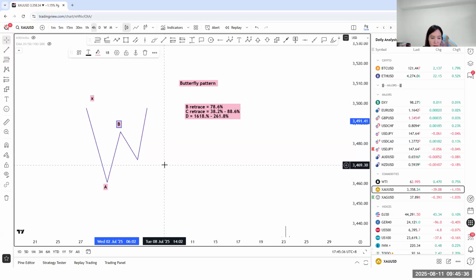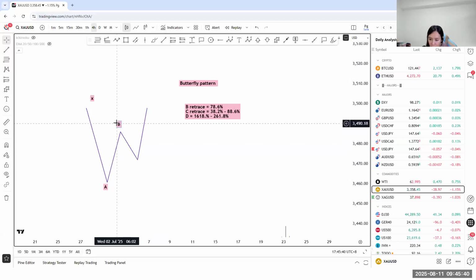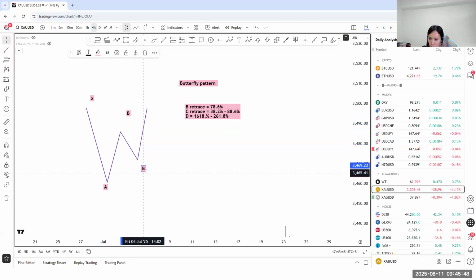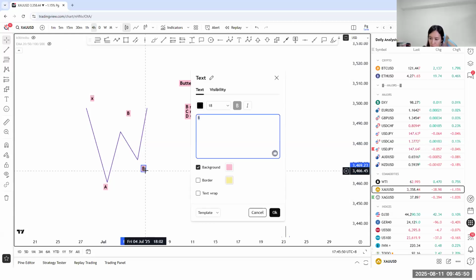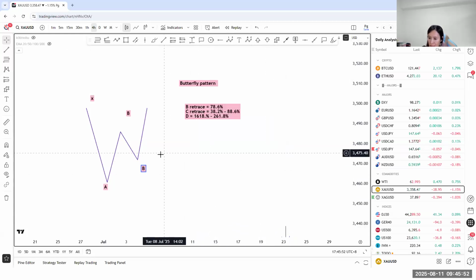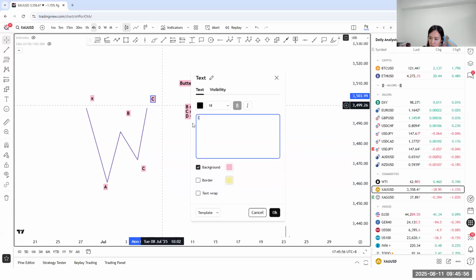Just now, the picture was the buy entry. This is going to be the sell entry. This is going to be the C, and the last one is going to be the D.